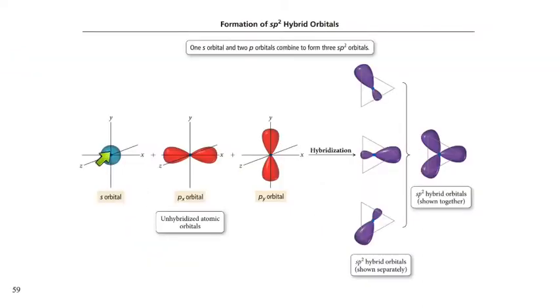So if we take an s orbital and 2 of the p orbitals and hybridize those, combine them mathematically, we end up with similar shapes to the sp3 orbitals, but now the orientation is going to be different. We're going to have a trigonal planar situation. So those are the sp2 hybrid orbitals. And again, this smaller node, this stunted side, we don't show that here because this just gets too complicated.